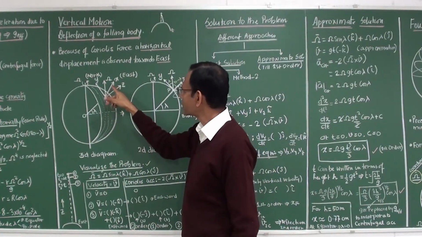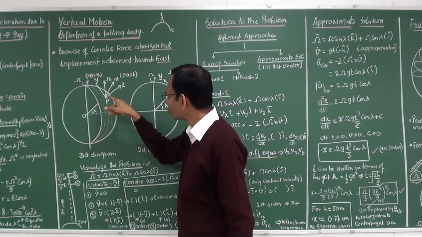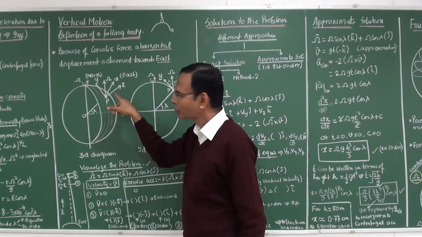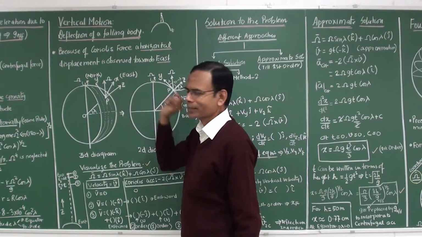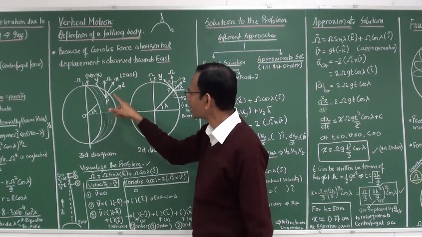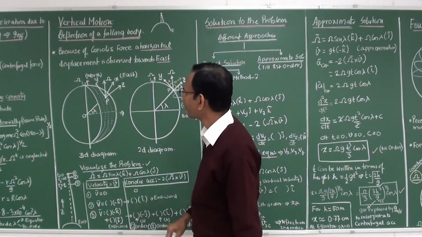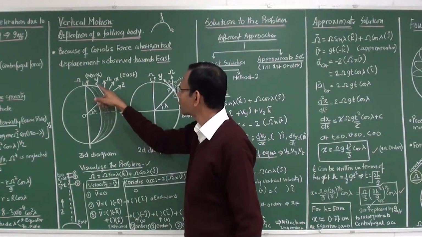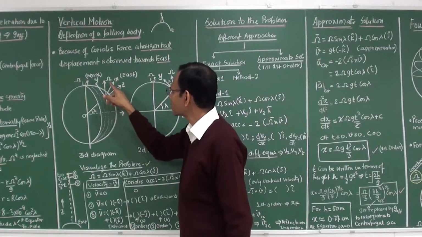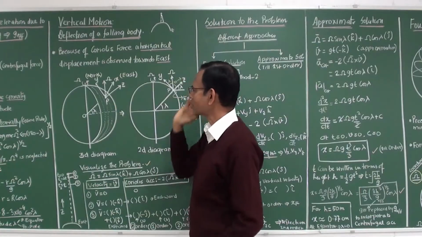So x is the east. As you can see over here, the other side is west. Downward of y is south. So this is a complicated system.